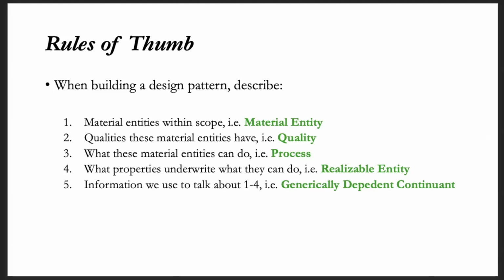Now, there's an ambiguity here, and this is important. This goes on with all the qualities and dispositions too. You're going to encounter this again and again, this ambiguity between information and the thing that information is about, because we often talk in both ways.